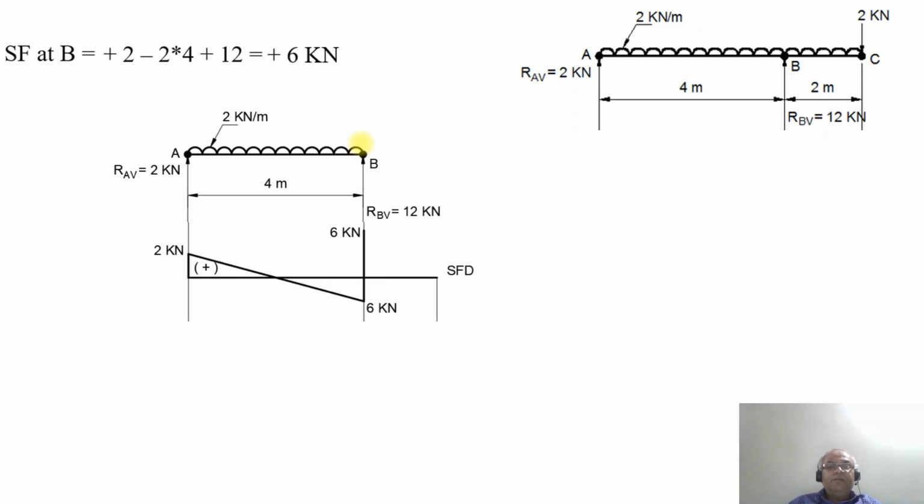So now the SF increases from minus 6 kilonewton to positive 6 kilonewton here at the point B due to the vertical reaction acting upwards. Then what happens to the bending moment diagram? The bending moment diagram will not change anything because we are just considering the upward reaction RBV, which is equal to 12 kilonewton. So the bending moment diagram will remain the same as the previous one.